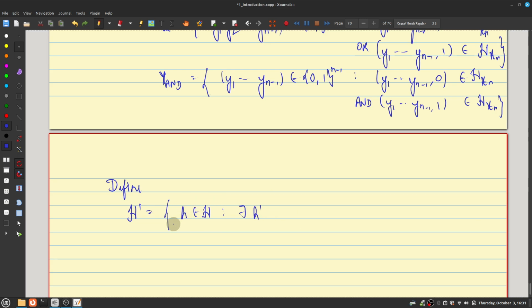So for every h in h prime, there is some other hypothesis in the original hypothesis class such that if you look at h of x1, h of x2 up to h of xn, this basically agrees with h prime in all except the last element.